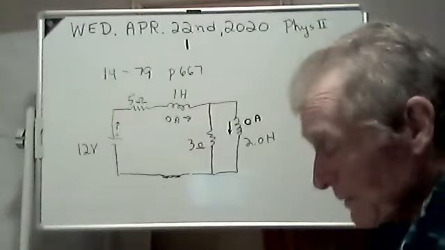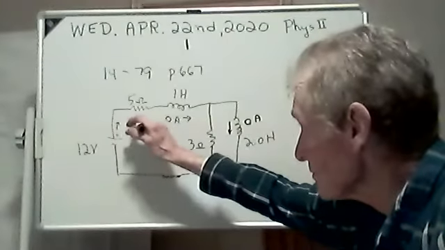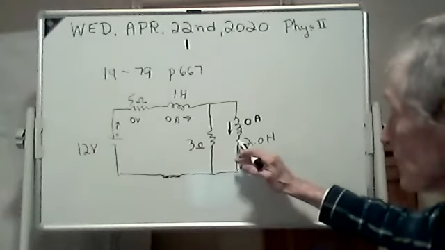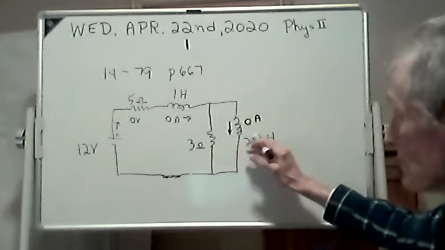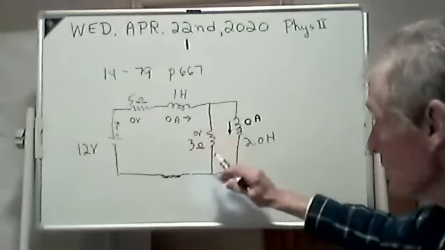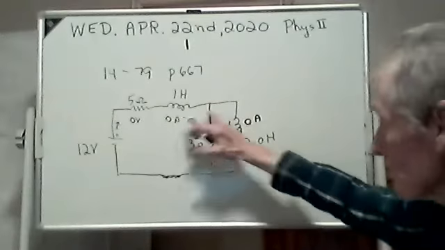Okay, well, we could even get the voltages. The voltage here will be 0 volts. And the voltage here will be 0 volts. Because there's no current. There's no current going through here or here.